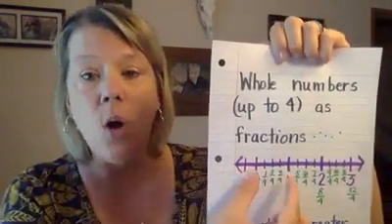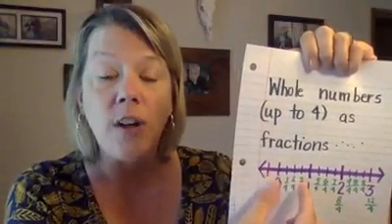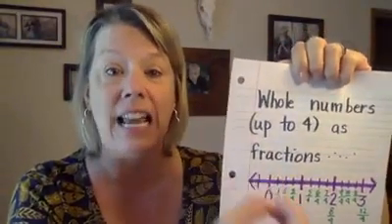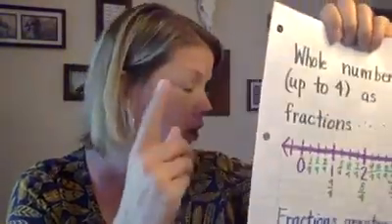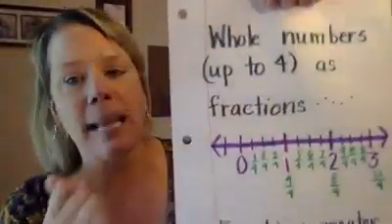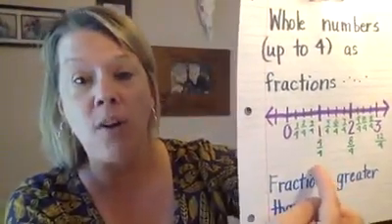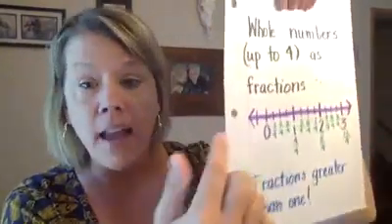But each whole, remember, can be partitioned in third grade in halves, thirds, fourths, sixths, and eighths. I'm going to do it again. Halves, thirds, fourths, sixths, and eighths. Okay, so on this example, I just showed you with fourths. So remember, one whole is 4/4. That's what we just talked about.